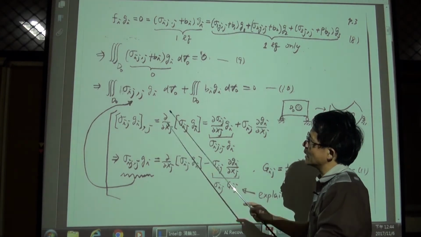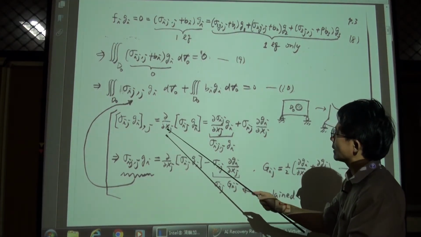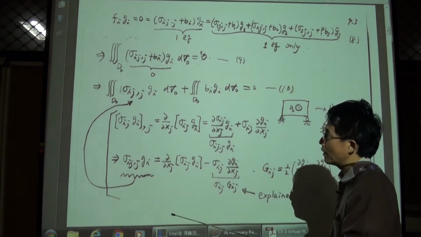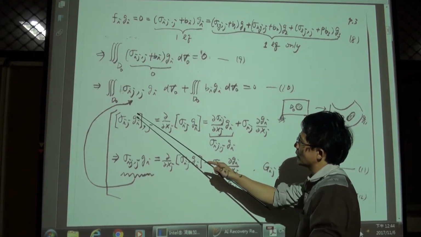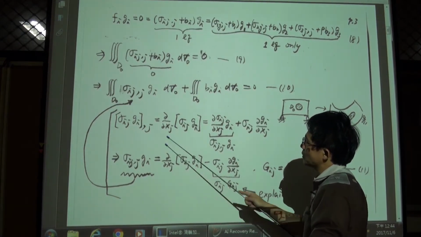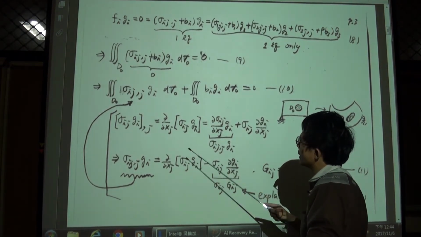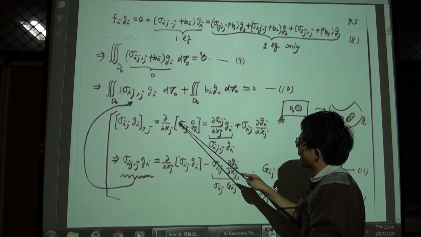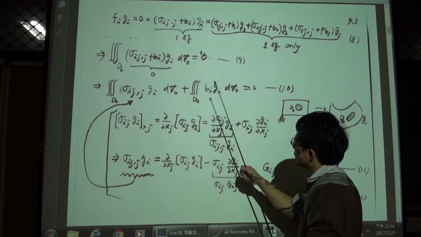We use comma j here. Comma j means the partial differentiation with respect to xj. So this term can be replaced by this term. By definition, comma j is just like this. And then we perform the differentiation with respect to this one.